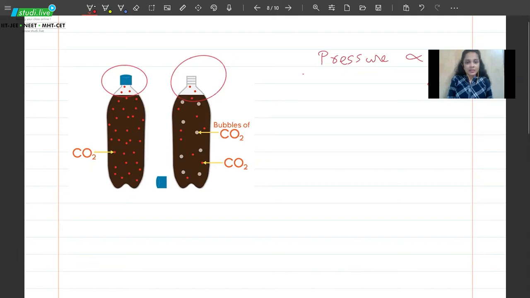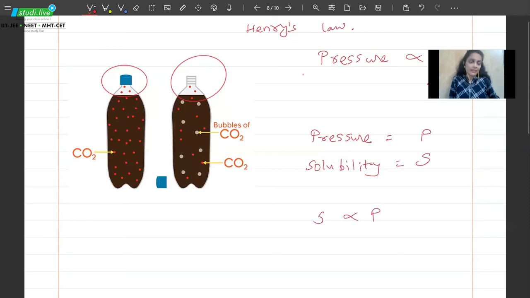This law was given by Henry, so we name it Henry's law. What it is saying is that the solubility of a gas in a liquid is directly proportional to the pressure of the gas over the solution. To remove the proportionality sign, let's say pressure is P and solubility is S. So solubility is directly proportional to pressure and vice versa.